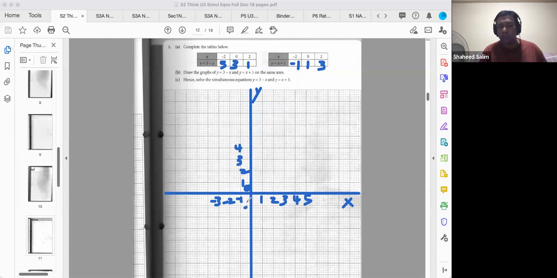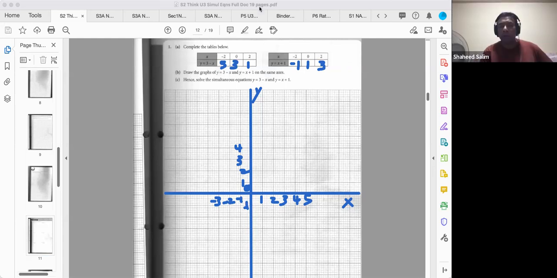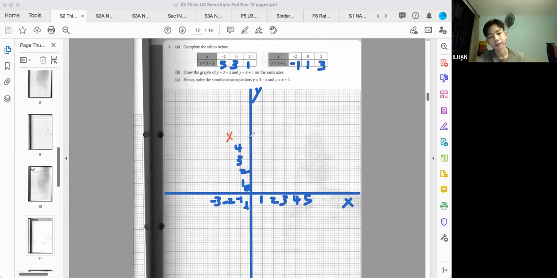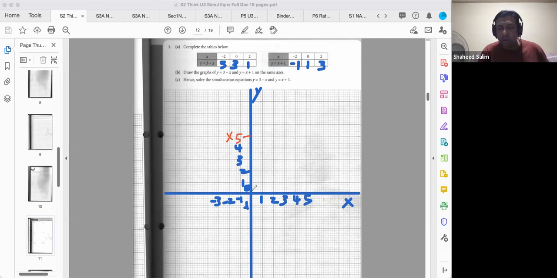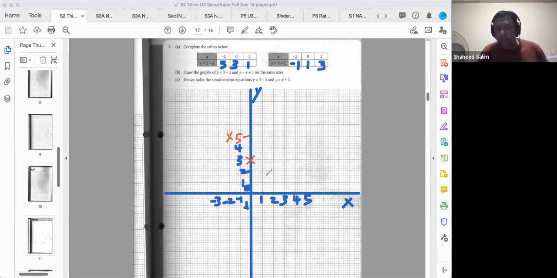I use red color, I'll make it a little bit thin. So you see now the first one, -2. I go to -2 and then it's 5. So it's down here. Agree? So this is 5. So next one is 0, 3 down here. Actually, we did 2 points already to see whether it's a straight line.